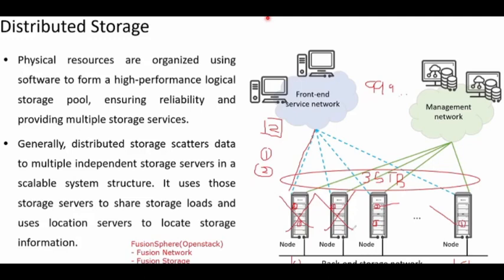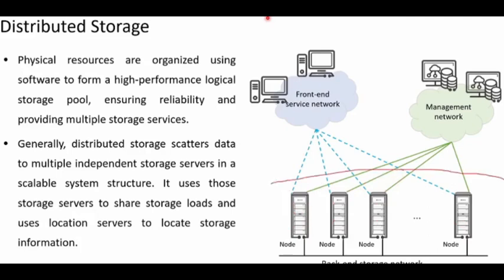Only when all 3 storages go down is your data lost. Physically, that means 3 servers containing all your 3 copies have to break down, and then your data is lost. This generally never happens, right? Unless, yeah, there's a power outage and everything goes out, then it's a different thing. But generally your data will not be lost because it's saved into 3 different locations at the same time.